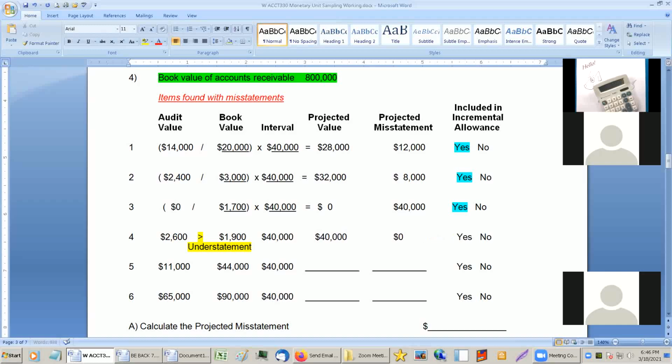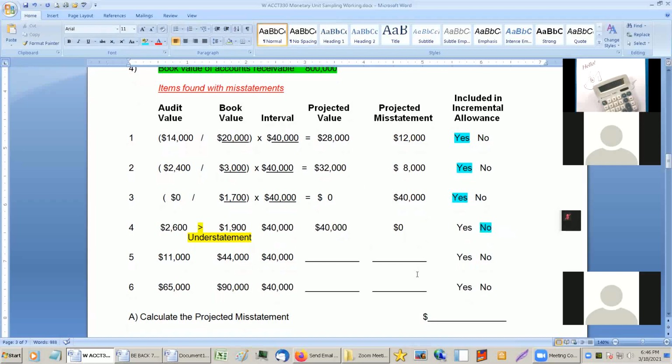We're not supposed to find those, and when we do, we say there's nothing wrong. There's no problem. Incremental allowance? Nope, there's nothing more in the incremental allowance because there's nothing wrong with that one. So if it's an understatement, we ignore it.